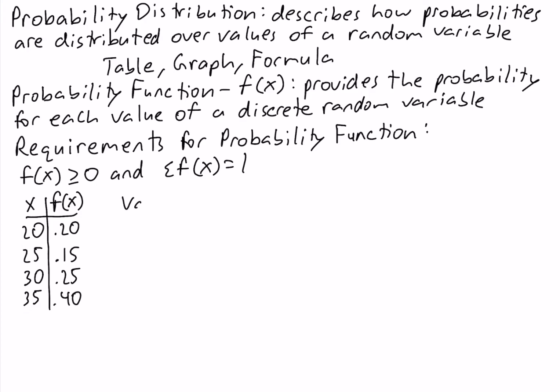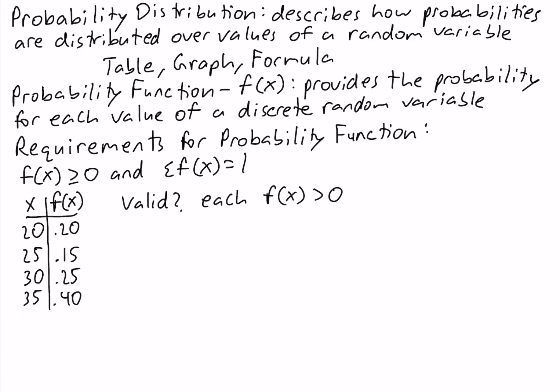Now let's start by checking to see if this probability distribution is valid. So in order for this probability distribution to be valid, it has to meet the two requirements for a probability function. So looking at the different f of x, we see that each f of x is greater than 0.